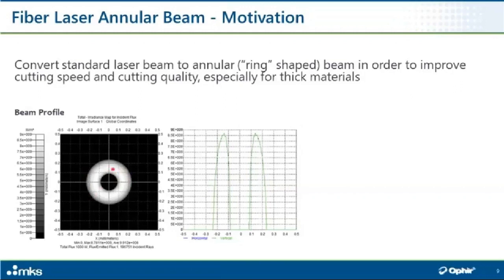So we can optimize the beam distribution to achieve very good cut even at thick materials. This is the basic idea of why to use annular beam. You distribute the profile of the beam in such a way that the cutting process is optimized.